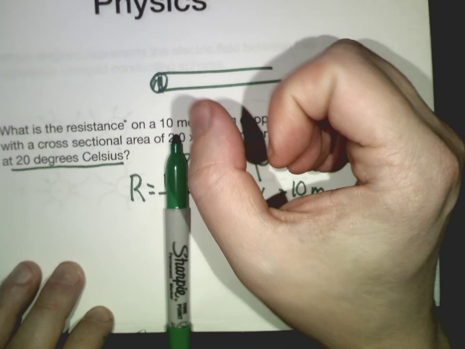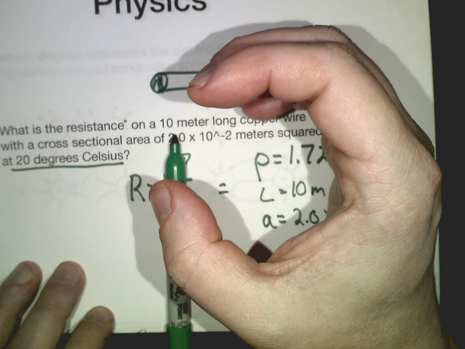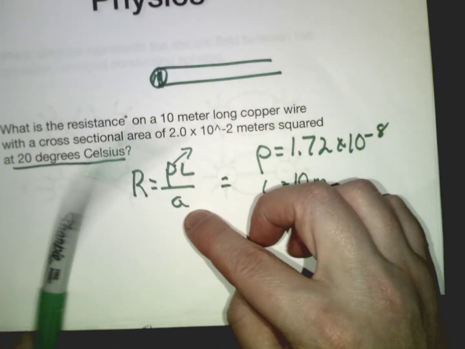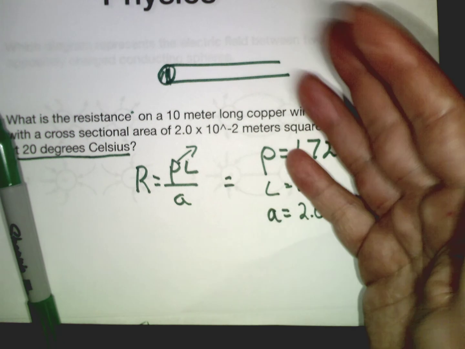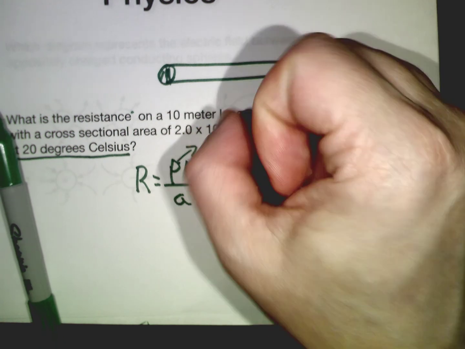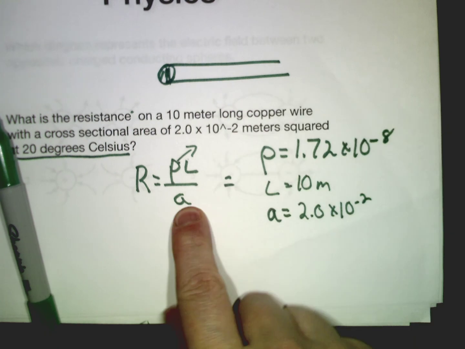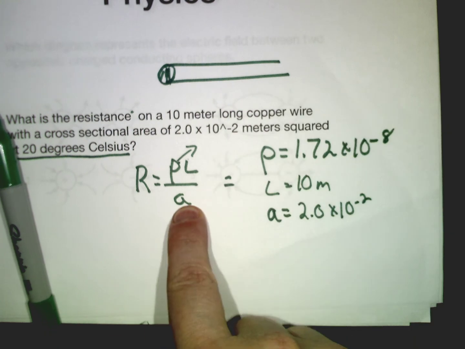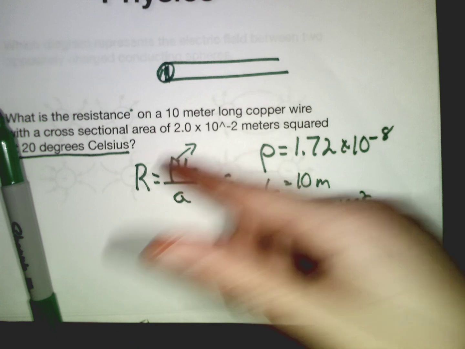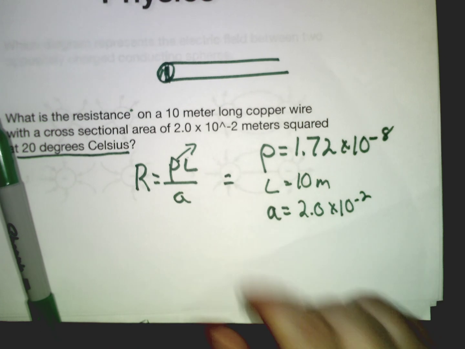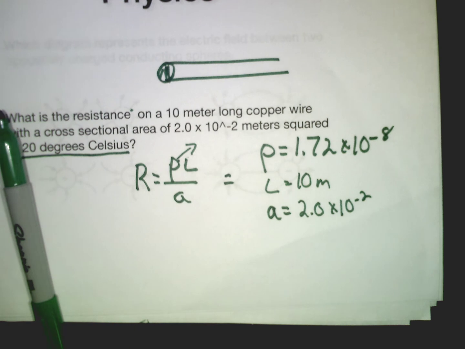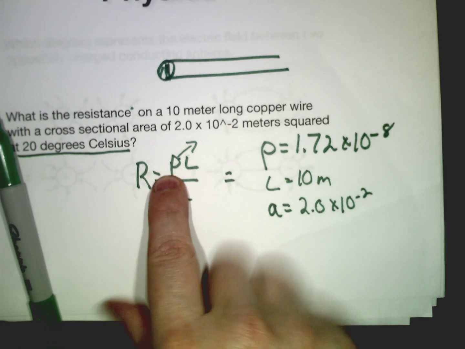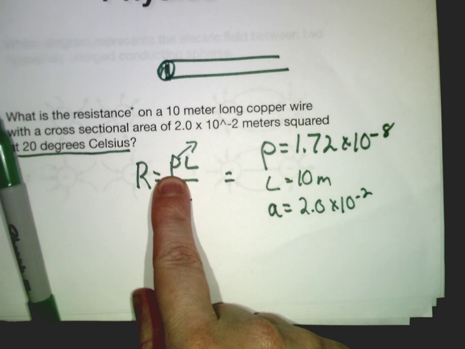As a wire gets thicker, this number becomes bigger and the resistance becomes less, so electrons can flow better through it. If the wire becomes narrow, this number becomes smaller, the resistance becomes higher, and it's harder for electrons to flow. The length also matters: the longer the wire, the more resistance there is. And it also depends on the material the wire is made out of.